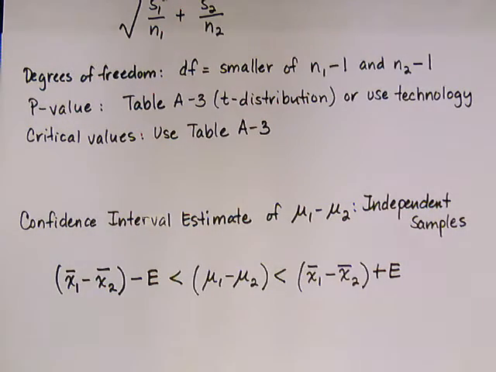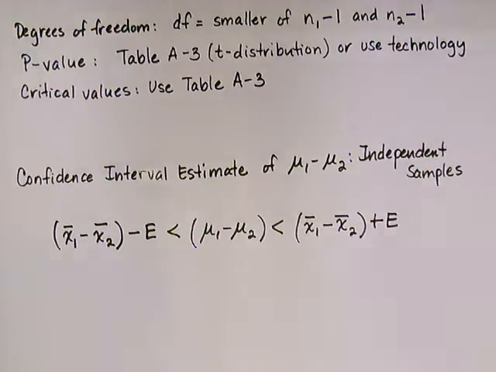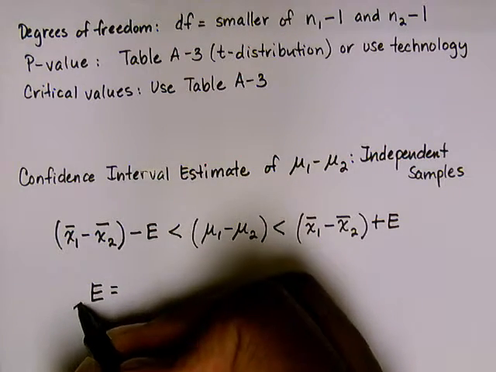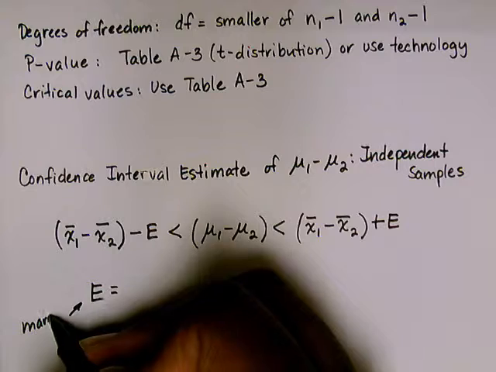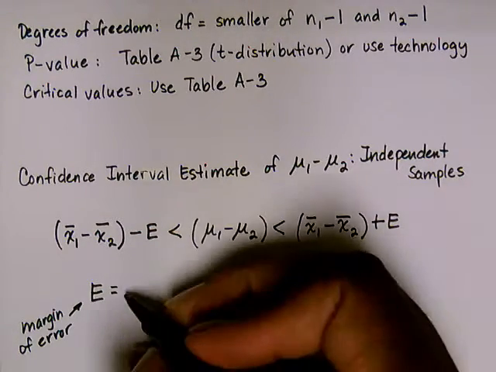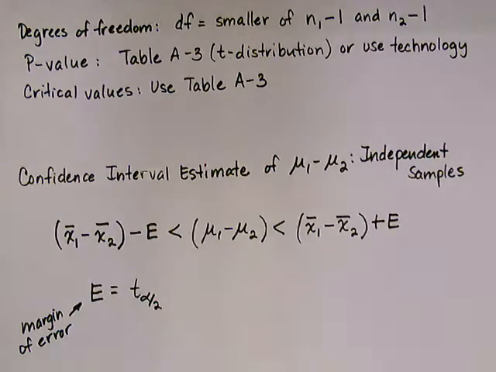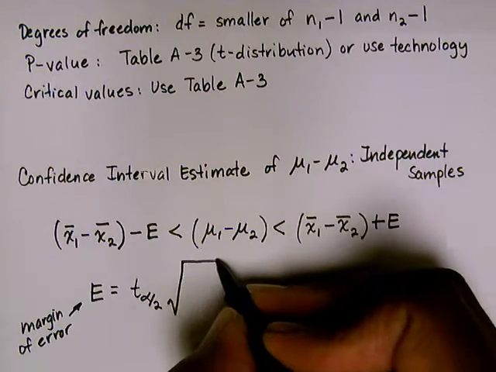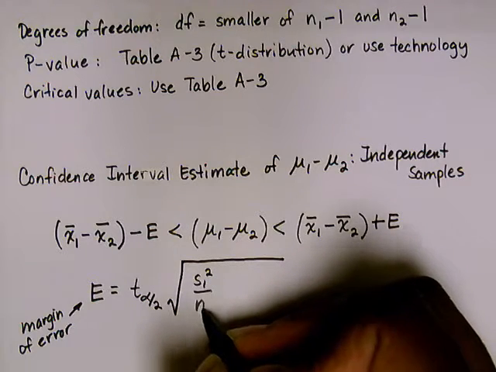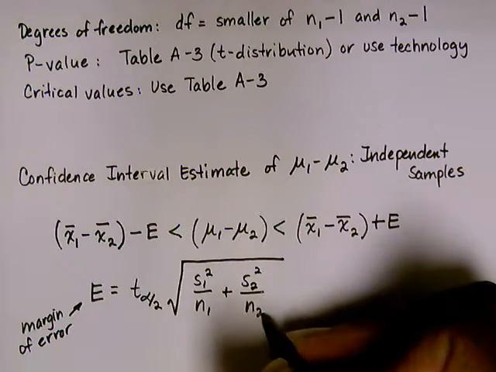Usually x1 bar and x2 bar will be given to you, but for the margin of error you'll have to calculate that. So e, and we call that the margin of error, that's going to be t of alpha over 2 multiplied by the square root of s1 squared over n1 plus s2 squared over n2.